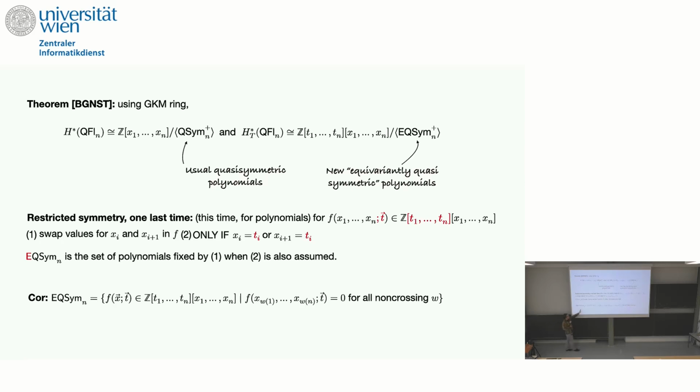Final corollary: the space of equivariant quasisymmetric polynomials is exactly the set of polynomials in two sets of variables, x's and t's, which satisfy the condition that when I evaluate the x's at the corresponding t's (oh, this is a typo, these should be t's), f of t_{w1}, t_{w2}, ..., t_{wn} should be equal to 0 for all non-crossing w. Somehow this is a vanishing condition on all non-crossing partitions.